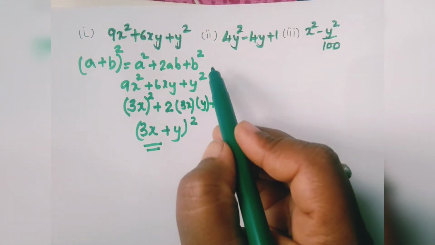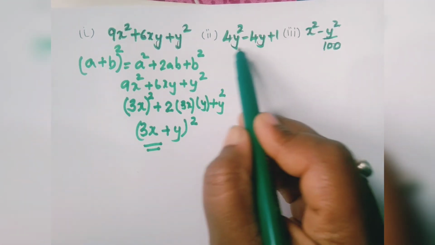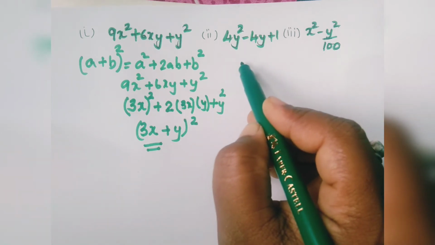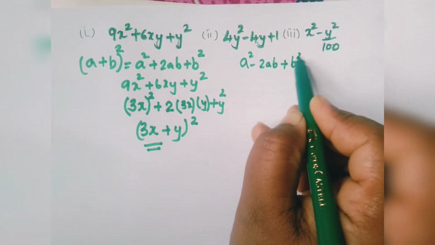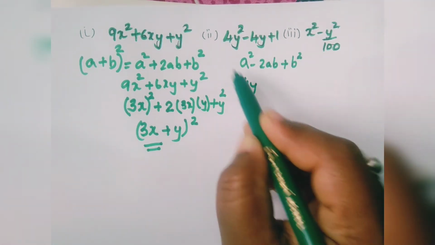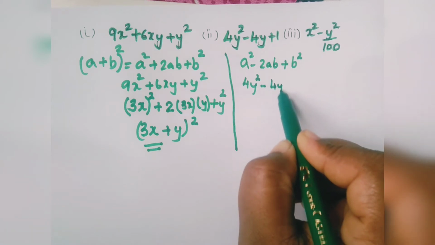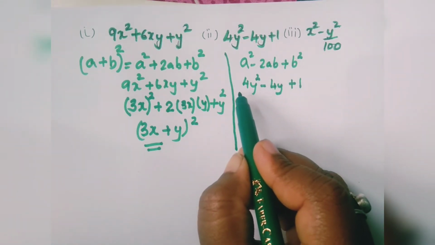Now in the same way we will see the next question. Here you have to apply it in a similar way, a square minus 2ab plus b square. So now we will just write this: 4y square minus 4y plus 1. Now the square root of 4 will be 2.